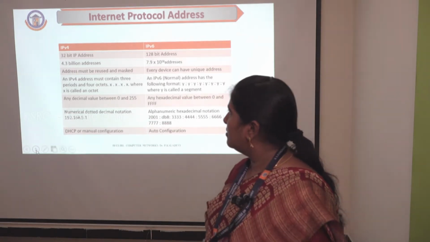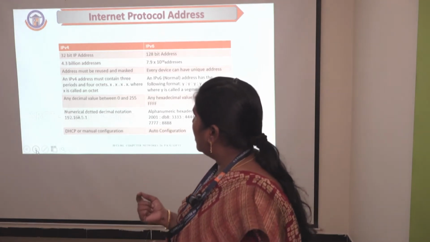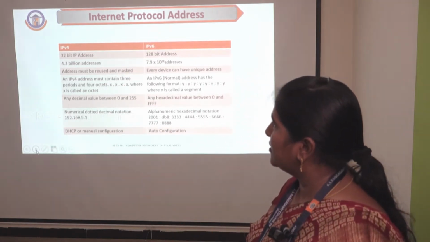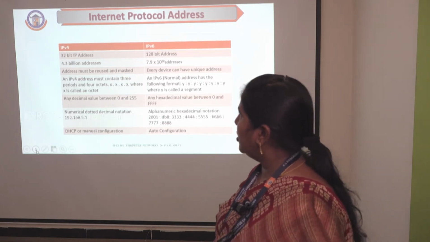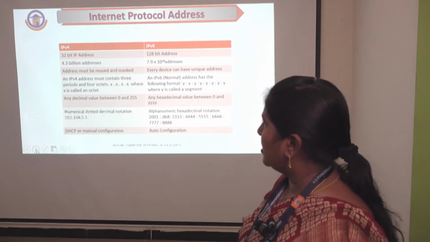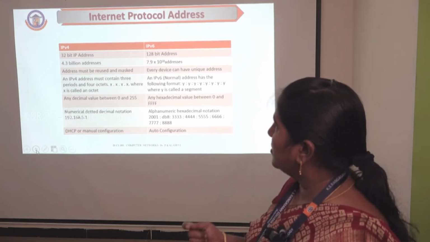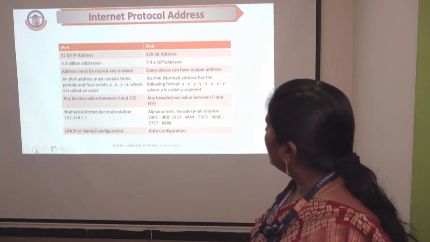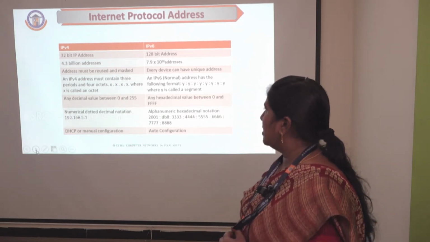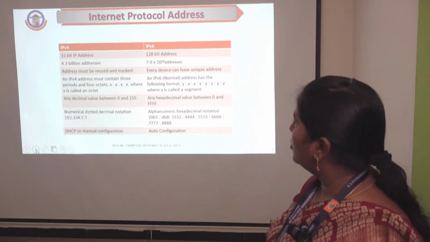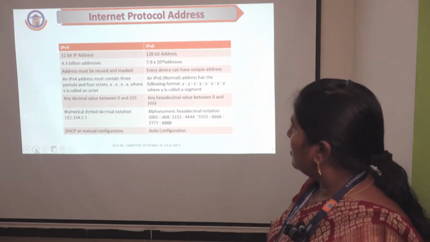In IP version 4, the octets are separated by 3 dots. Each X here is called an octet, and X varies in the range from 0 to 255. In IP version 6, the address can have hexadecimal values between 0 and FFFF.